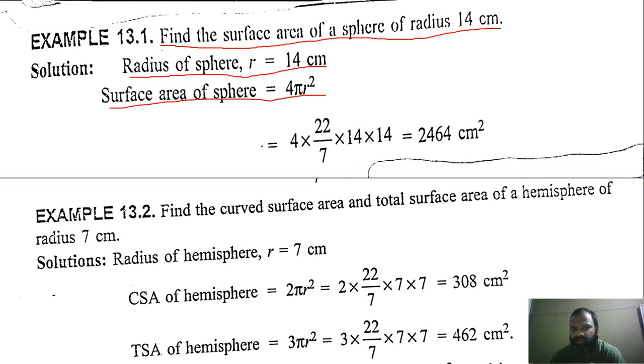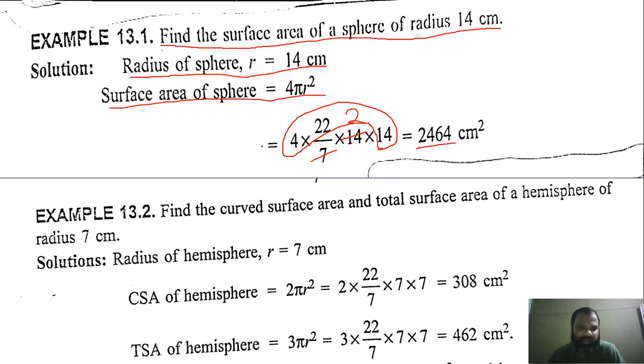Put the value of pi and also r: 4 into 22 upon 7 into 14 into 14. By solving this, 7 twos are 14. After multiplying 14, 2, 22 and 4, you get the answer 2464. It is the surface area of the sphere.